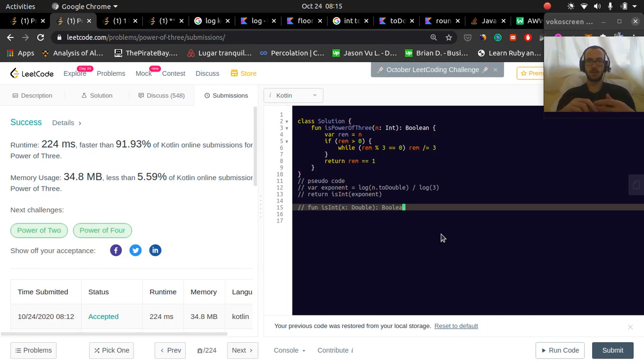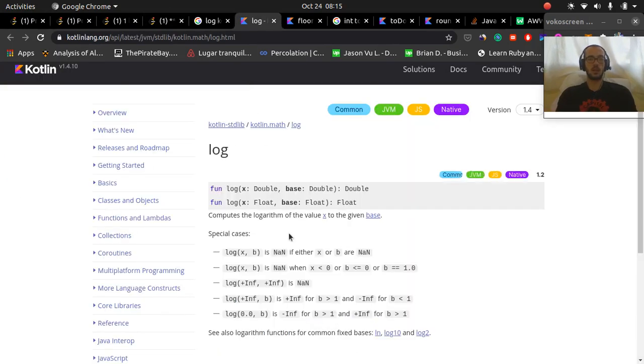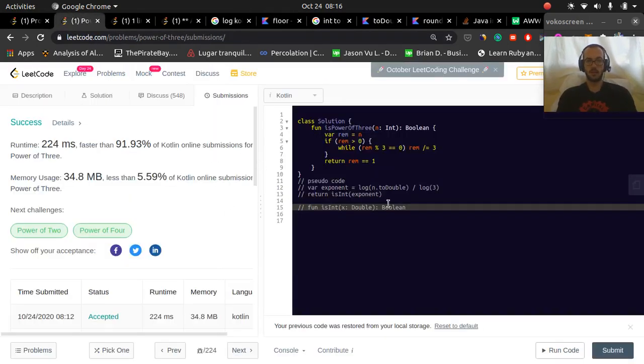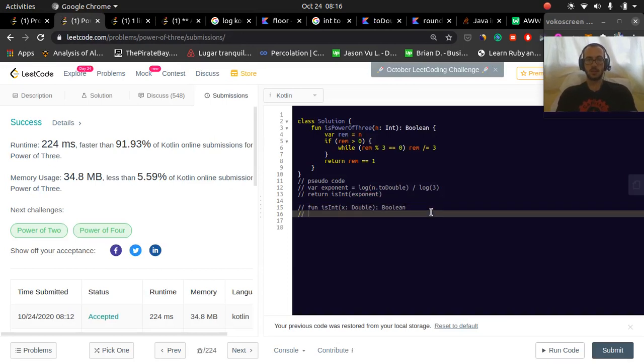And the reason we're doing doubles here is because the log function in Kotlin requires a double. Our base and our x have to be either doubles or floats. So that's why we're converting there. Okay. So how are we going to do this function?